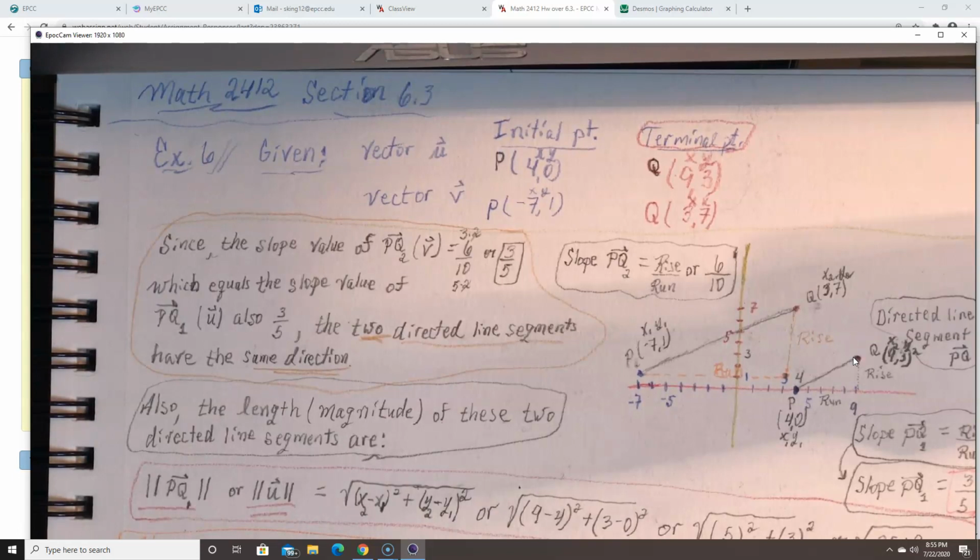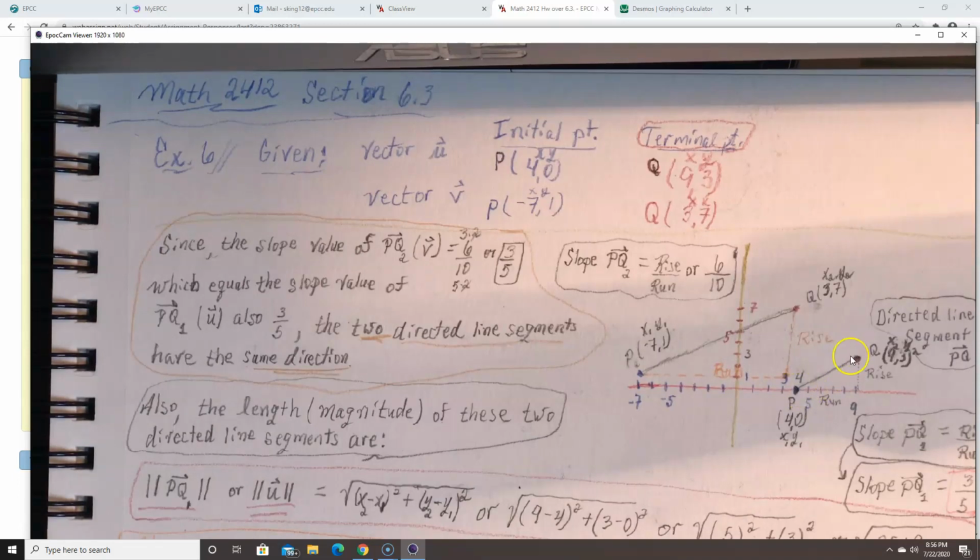So the longer the directed line segment, the more powerful the vector is, the more force it has. The magnitude increases as it gets longer, which means more powerful magnitude.